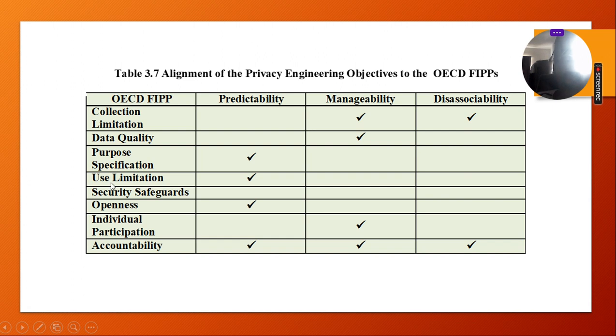Your use limitation falls under predictability, because then security safeguards does not fall into any of this. Then openness falls under predictability, and then your individual participation falls under manageability. Your accountability must have these three criteria for it to be a good system.